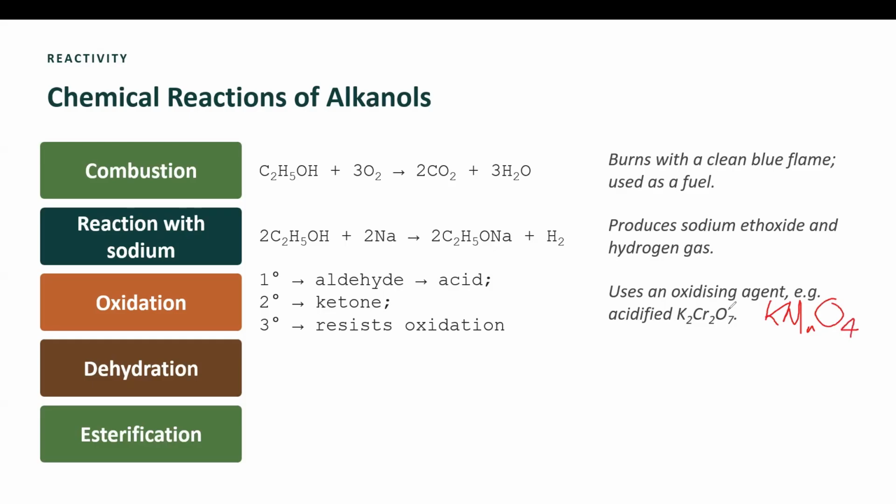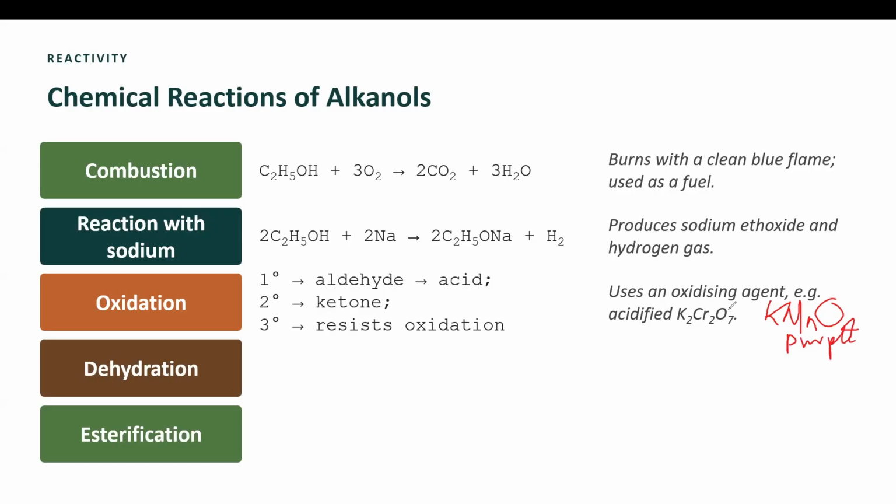Let me write that n properly before you think it's a subscript N. This is a small letter n. Potassium tetraoxomanganate(VII), acidified KMnO4, is purple in color.